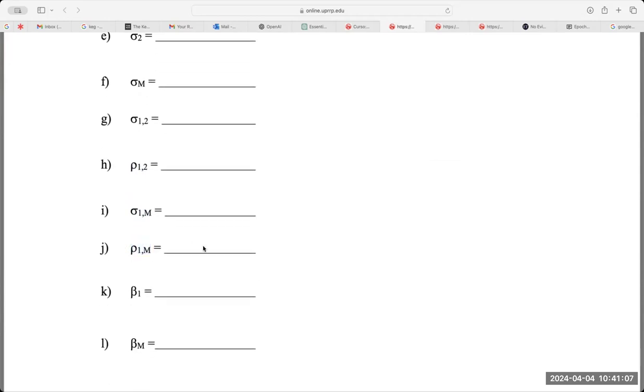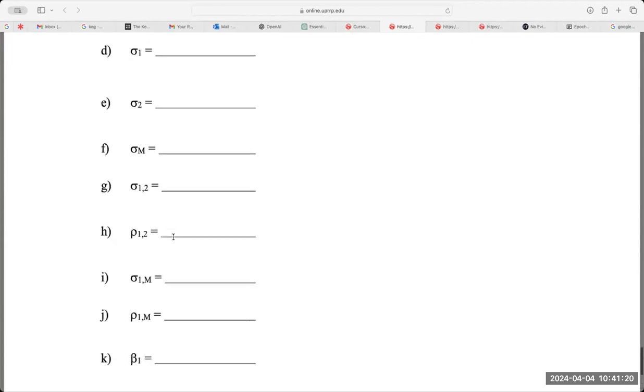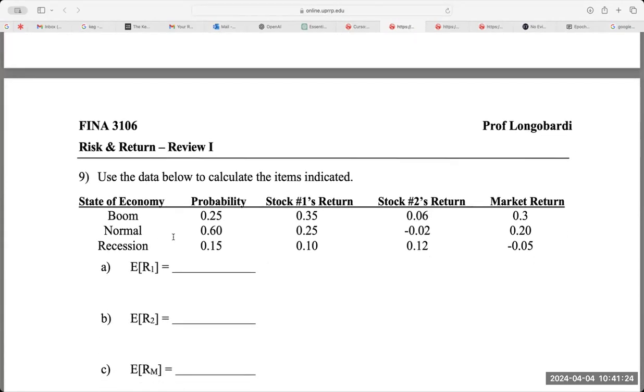It's the same formulas, but you're going to do it with the market returns for each stock and then jointly with the 2 securities, okay? So it's a lot of work, but it's worth it to practice applying the formulas for this type of data.